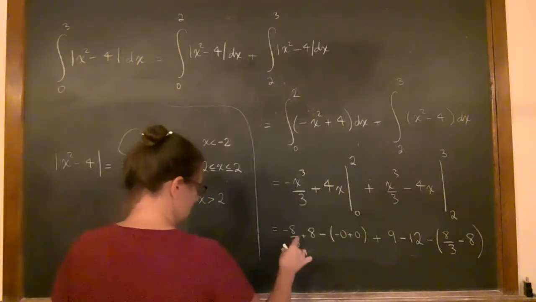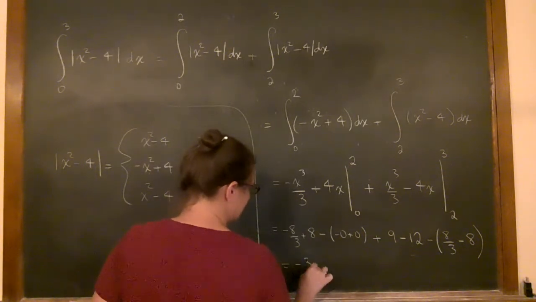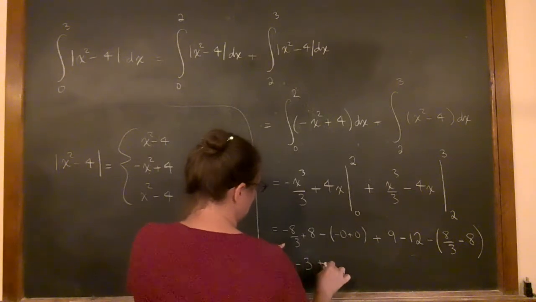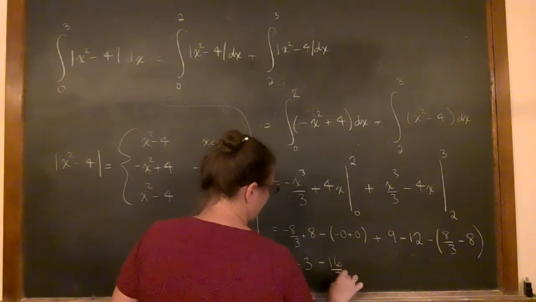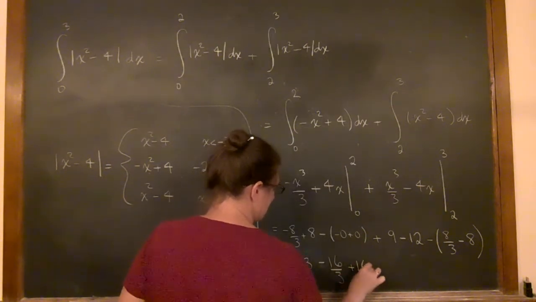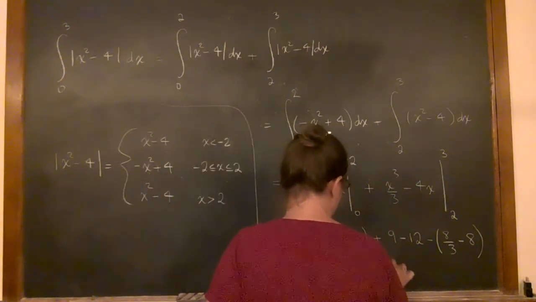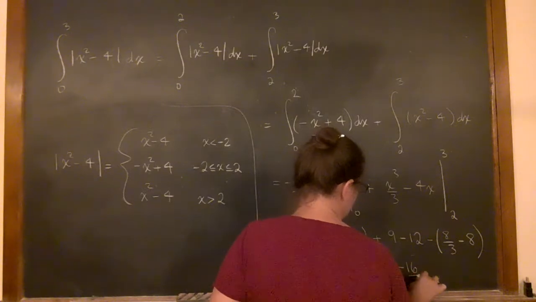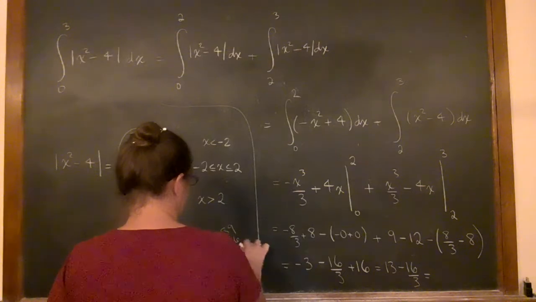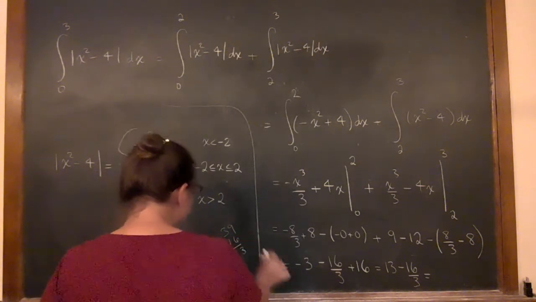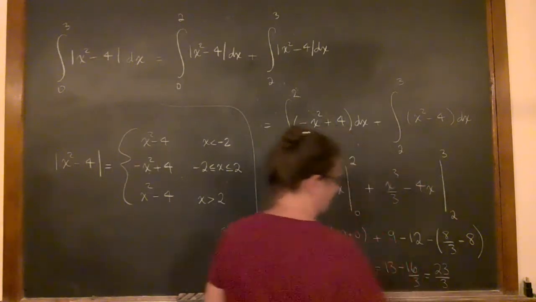So what I have is negative 3 plus 8/3, 16, minus 1. So 16, 14, 13. Right, so what is this? 39 minus 16 is 23. So I got 23/3, and that's my answer.